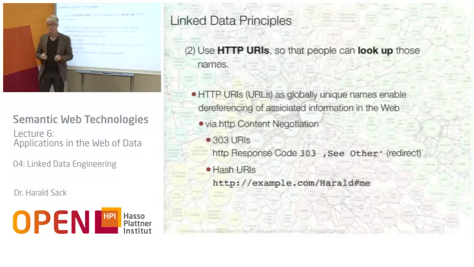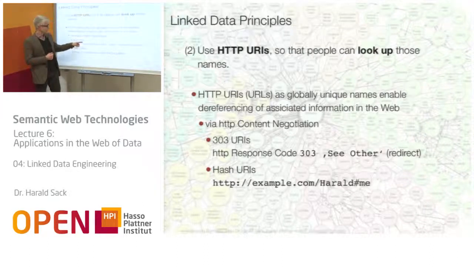This is a redirect response code. It is used in content negotiation, for example, to differentiate between the HTML content for humans and the RDF content for machines. And this, of course, depends on the accept header of the HTTP message that is processed.